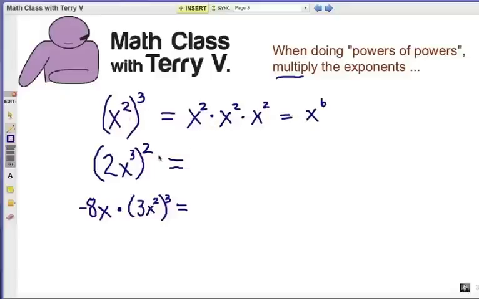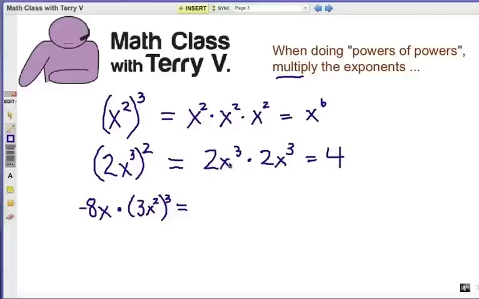But let's just take a look at what happens if we have a coefficient number like a 2. That's 2x to the third power squared. So it's 2 groups of 2x to the third. So if we write it out the long way, it's going to look like this. And notice how it would be 2 times 2. You got to multiply those coefficient parts together, of course.